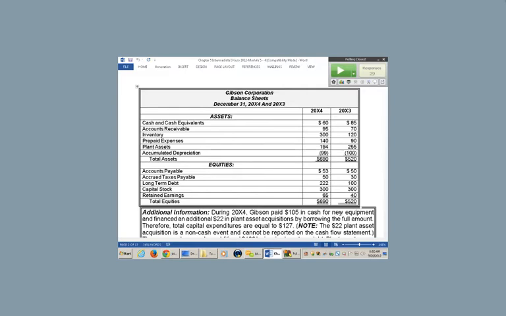No dividends payable on the balance sheet. So that's why I know they're paid. So that's going to be a cash outflow for the company. I also know I have depreciation.